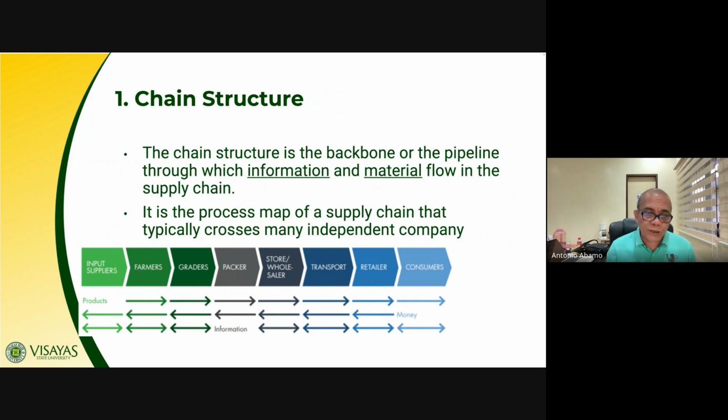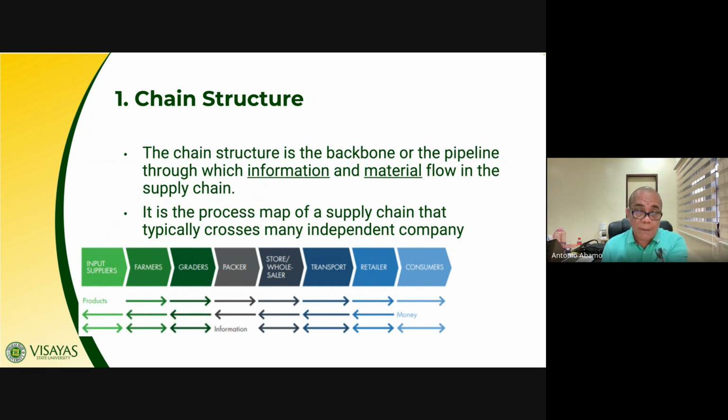and then there are products flowing, there is information flowing, money and information. Because as the goods transit into the chain, the product will flow downstream, but the money will flow upstream, because when you deliver, you receive the money, and then you deliver again to the next node, and they receive the money.